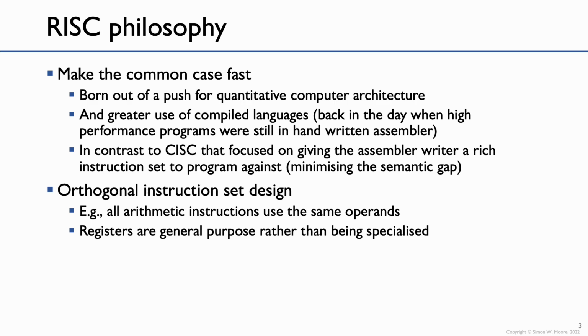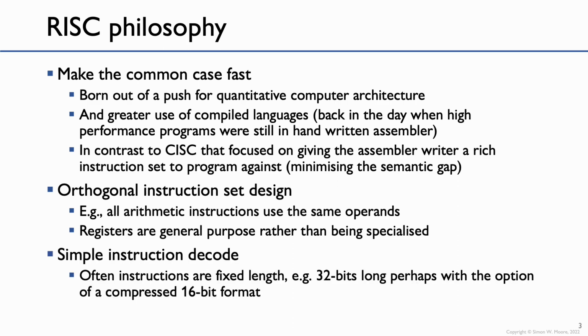So, for example, there might be a register used specifically for loop indexing, so you'd use it in for loops. However, in RISC processors, generally speaking, all the registers are general purpose rather than being specialized. Although the compiler may choose to use certain registers in a particular way, for example, using a particular register as a stack pointer, the processor is generally unaware of that.